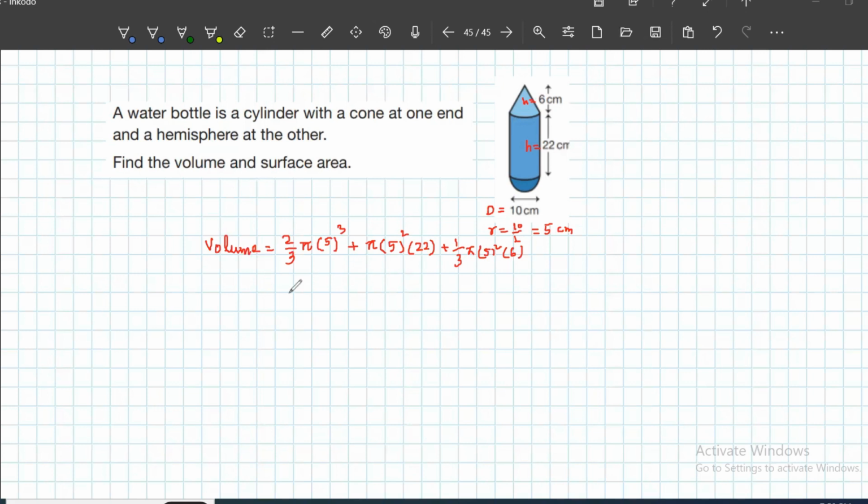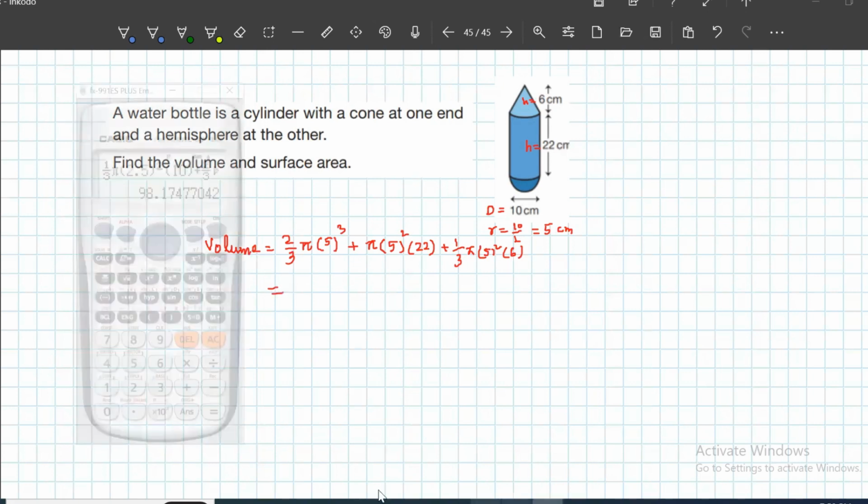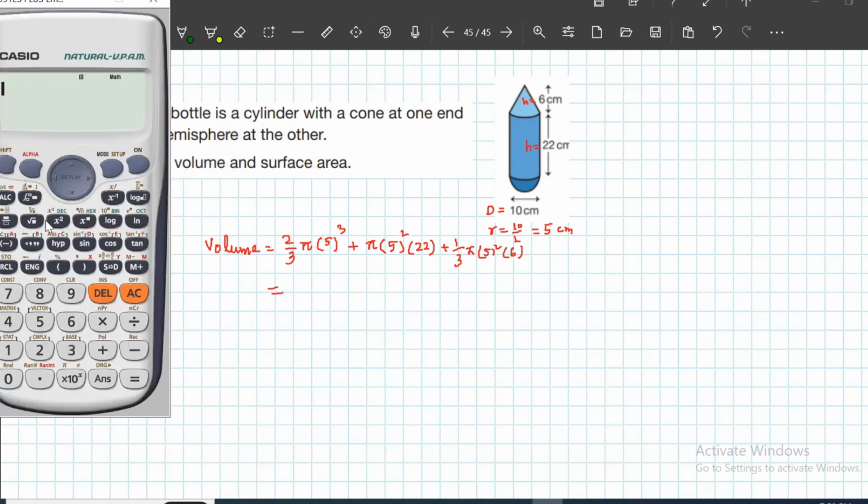Now you can check all this straight away in the calculator. So let's have a look. First, we have 2 over 3 pi r cube for the hemisphere, and then lastly the volume of the cone, which is 1 over 3 pi.